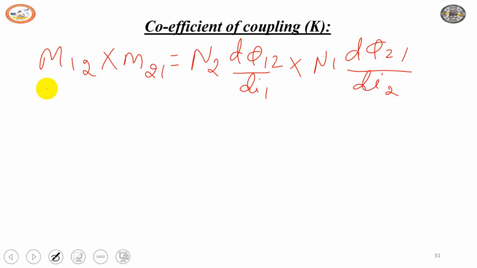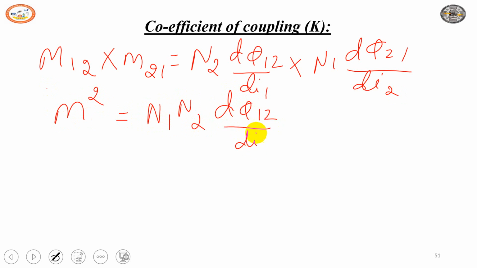So M12 into M21 can be written as M square, and like we have taken K, K into K is K square. So M square is equal to N1 N2 into d phi 12 divided by di1 into d phi 21 divided by di2.